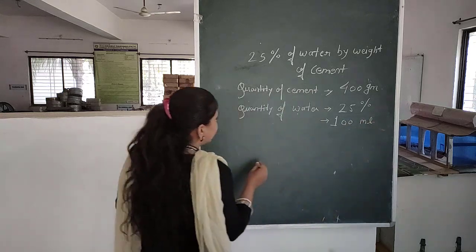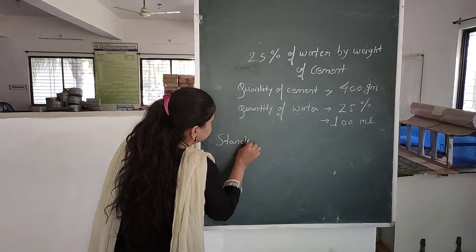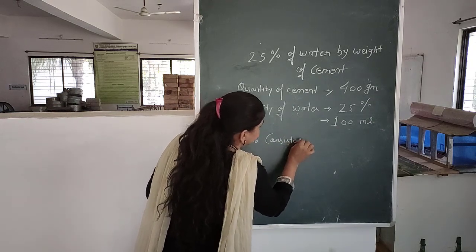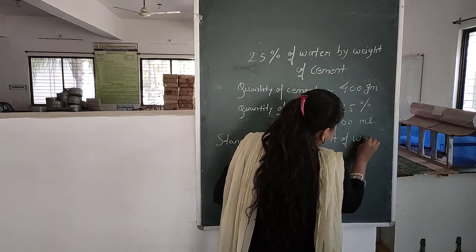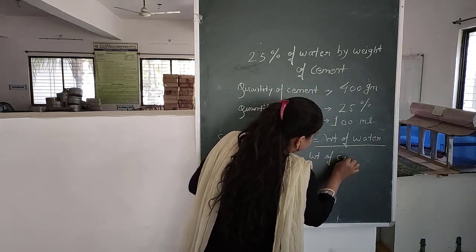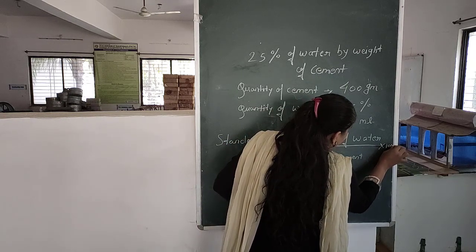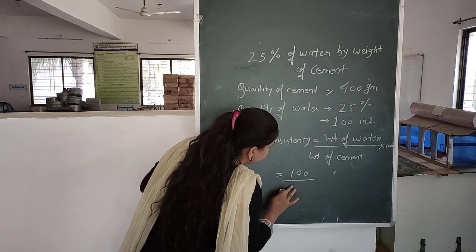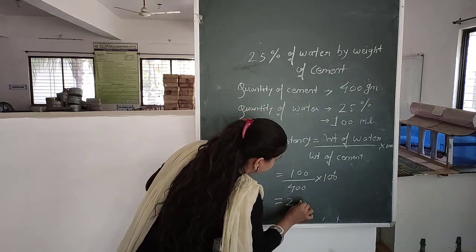By applying the formula of standard consistency, weight of water divided by weight of cement, multiplied by 100: 100 ml divided by 400, into 100, gives the value 25%.